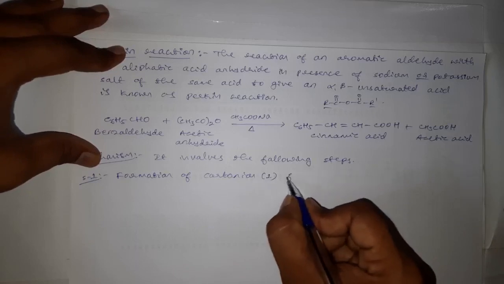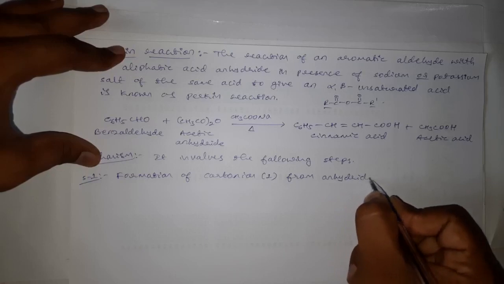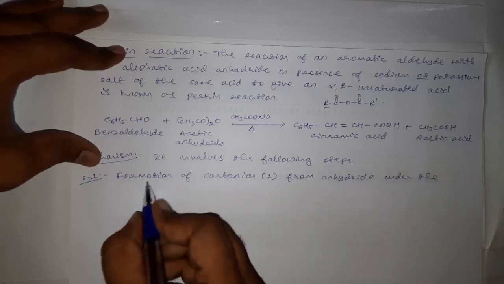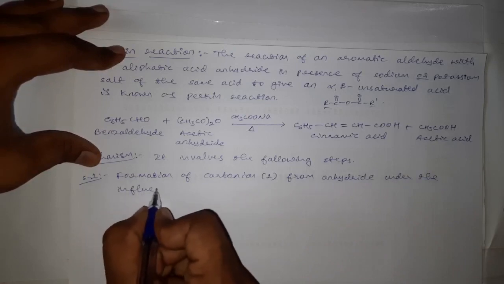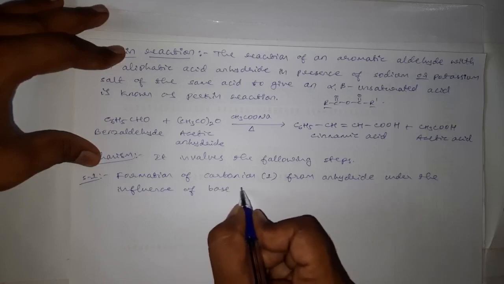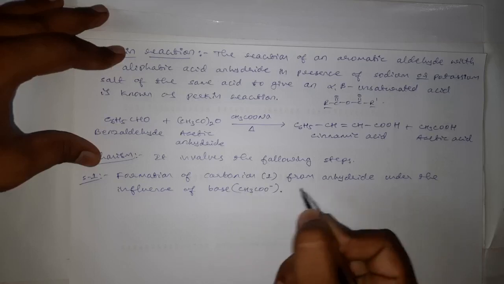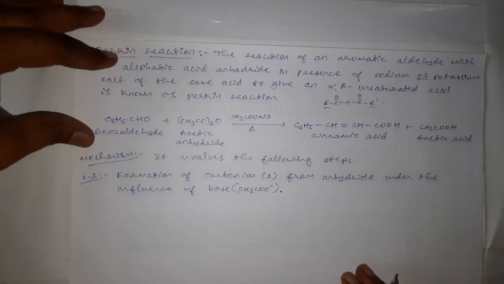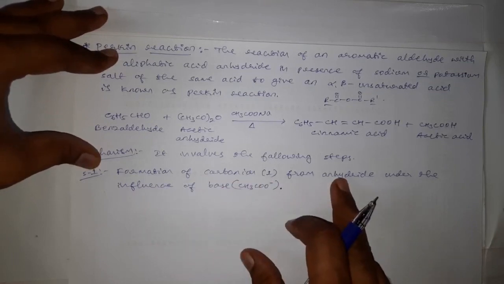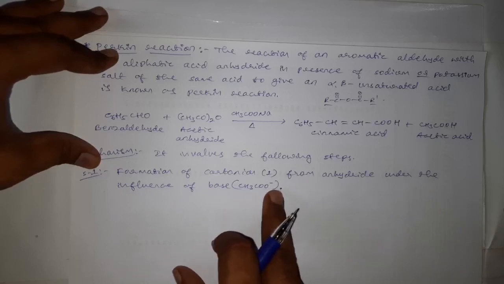Carbanion 1 from anhydride under the influence of base, that is CH3COO minus, the acetate ion.